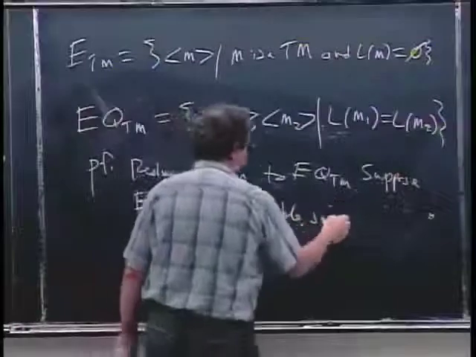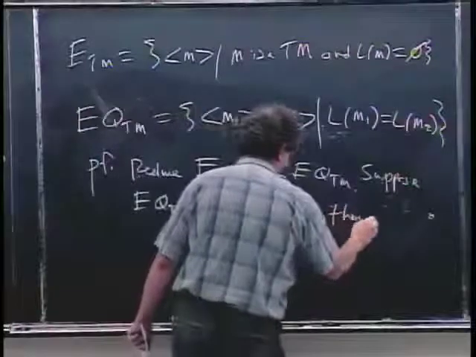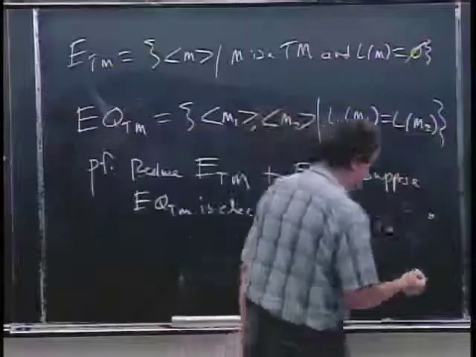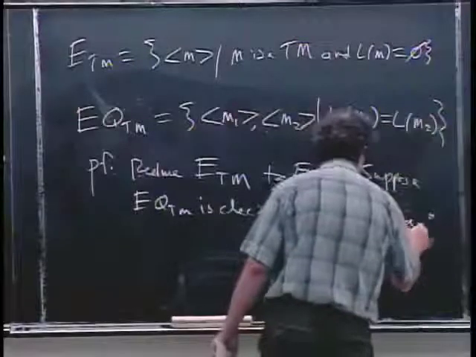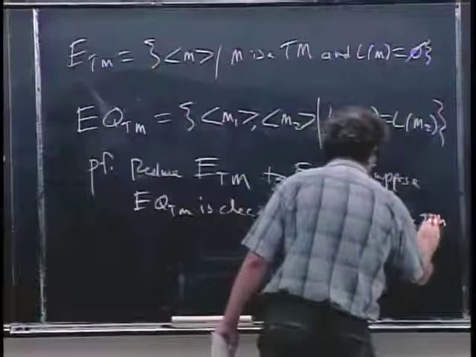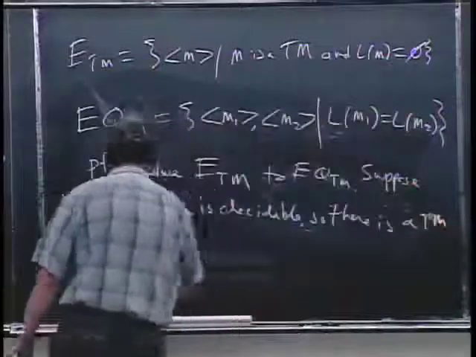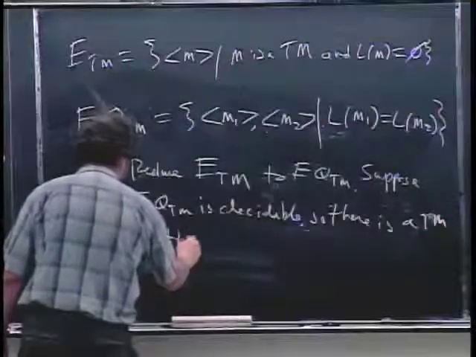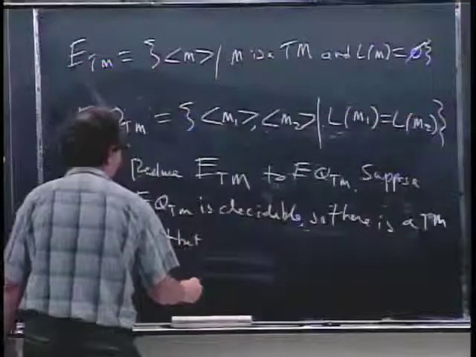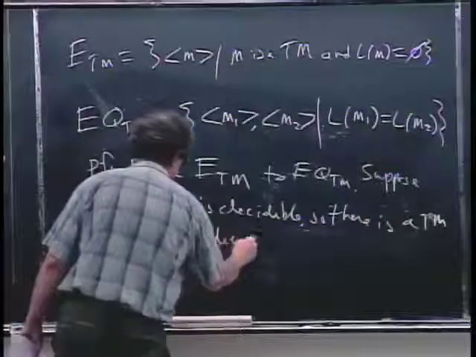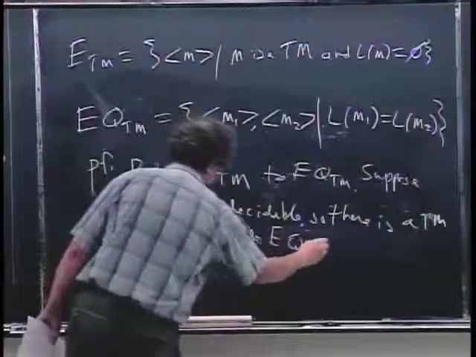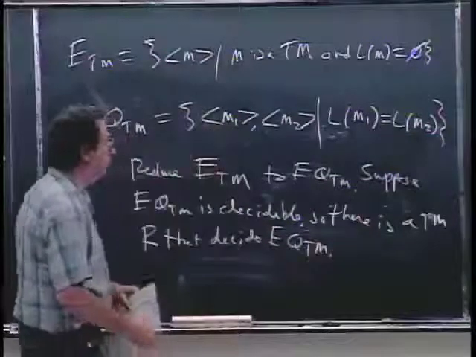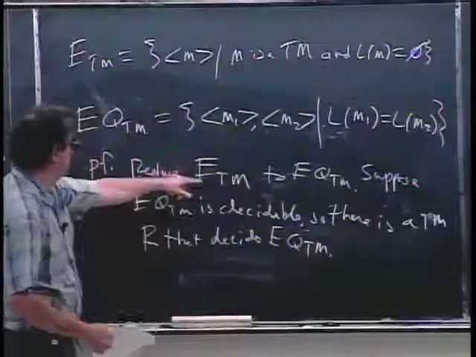So that means, there's my chalk. Oh well. It means there is a Turing machine R that decides EQTM, and we want to use that one to decide ETM.